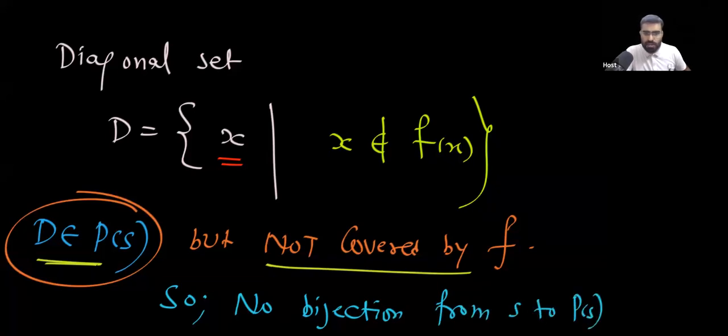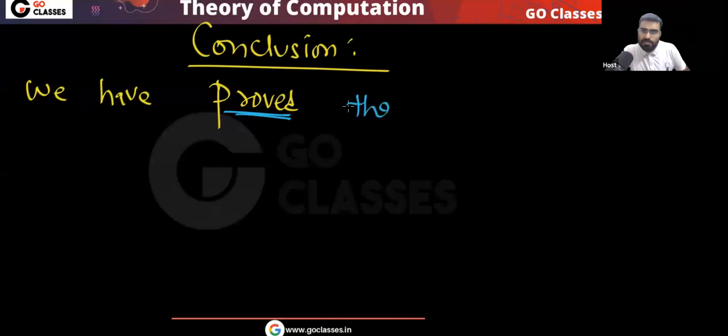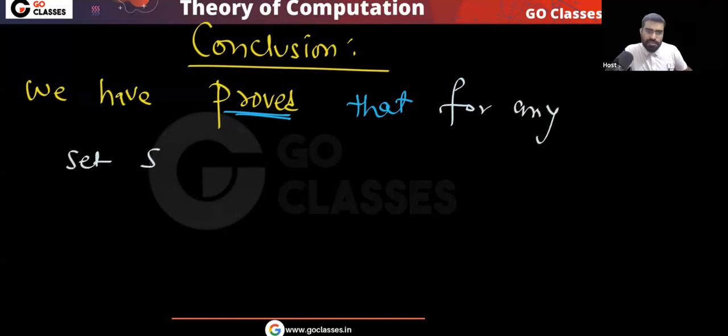I hope you found this proof interesting. So this is what we have done. Hence proved. What did we prove? This is the conclusion. We have proved that for any set S, whatever set S you take, there is an injection from S to PS.